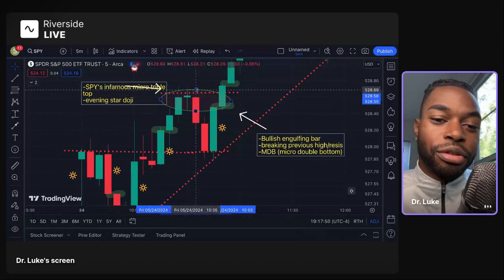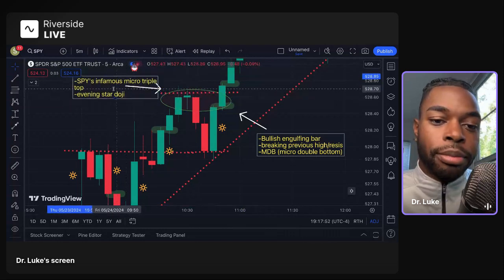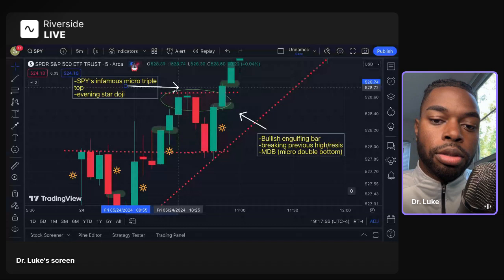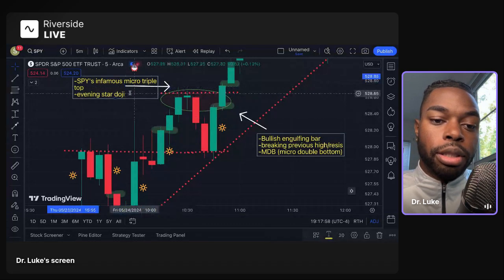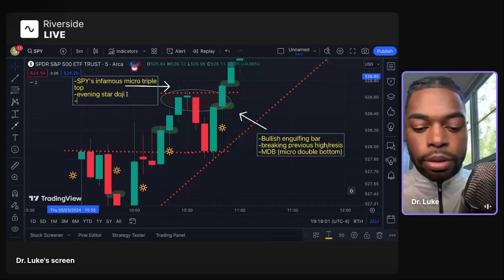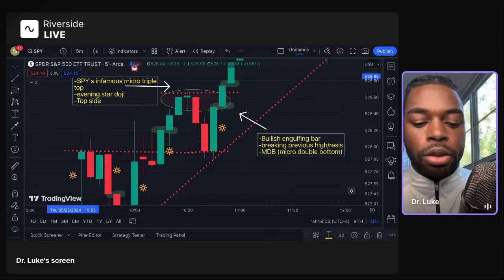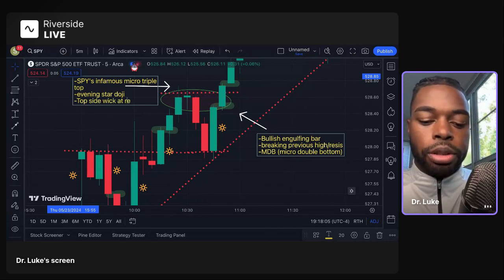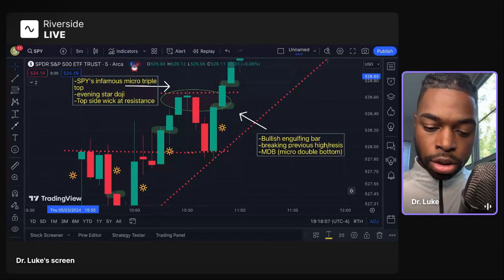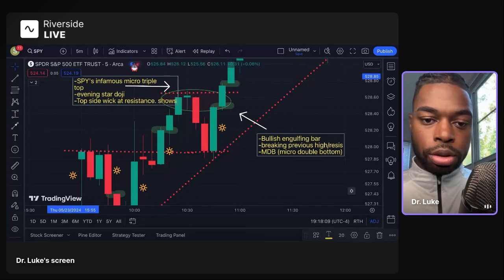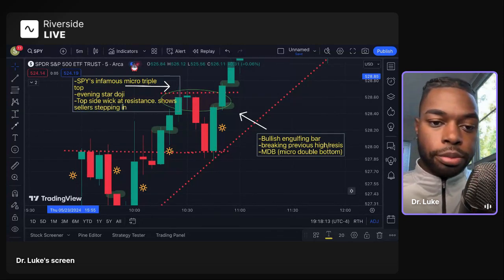Again, going to be in the reversal video. Micro triple top. And we have this massive wick up top, which is showing you that sellers are stepping in here. So top side wick at resistance shows sellers stepping in.